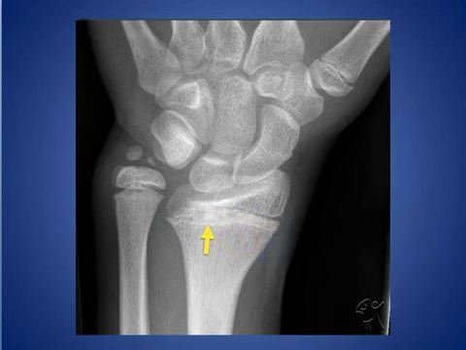Here, this is a wrist X-ray in a child patient. As we see here, the ulna is longer than the radius, and we call this ulna plus or positive variance.